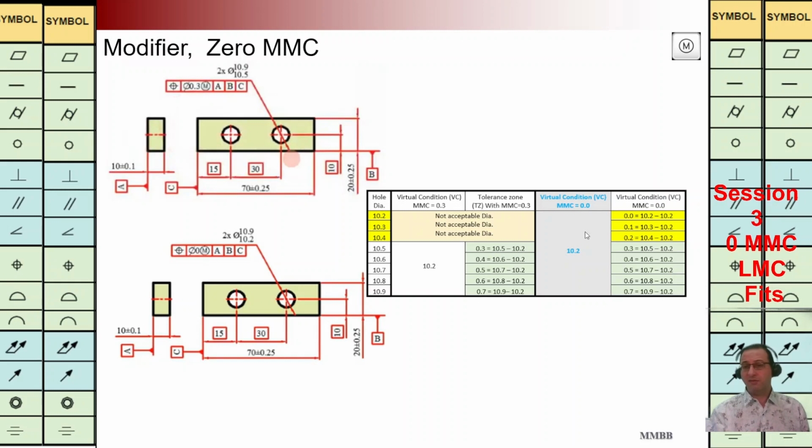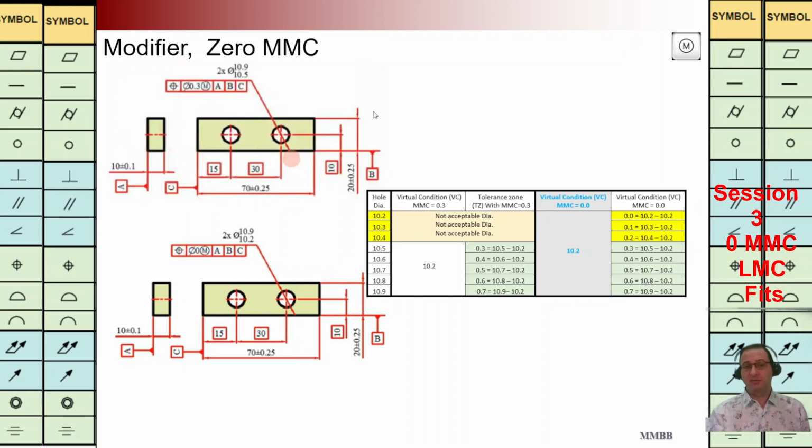And by having 0 MMC and increasing the interval of the diameter of the hole, we are going to cover also 10.2, 10.3, and 10.4. That is the concept of 0 MMC.